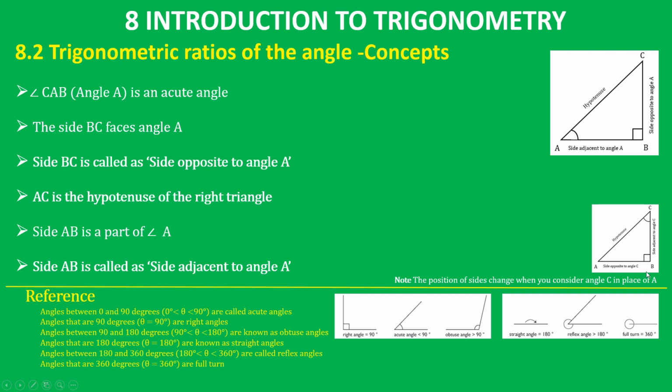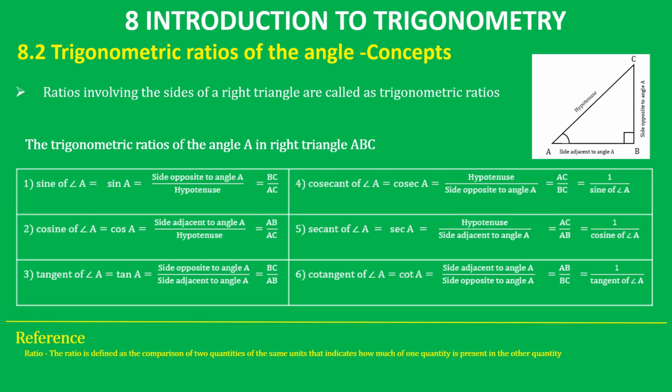AB becomes the opposite side to angle C, and BC becomes the adjacent side to angle C. Simply you can call it the opposite side or the adjacent side. But if you want to be more specific, you will say side opposite to angle C. Once you become expert, you will simply say opposite side, adjacent side and hypotenuse. You will become expert, just wait.